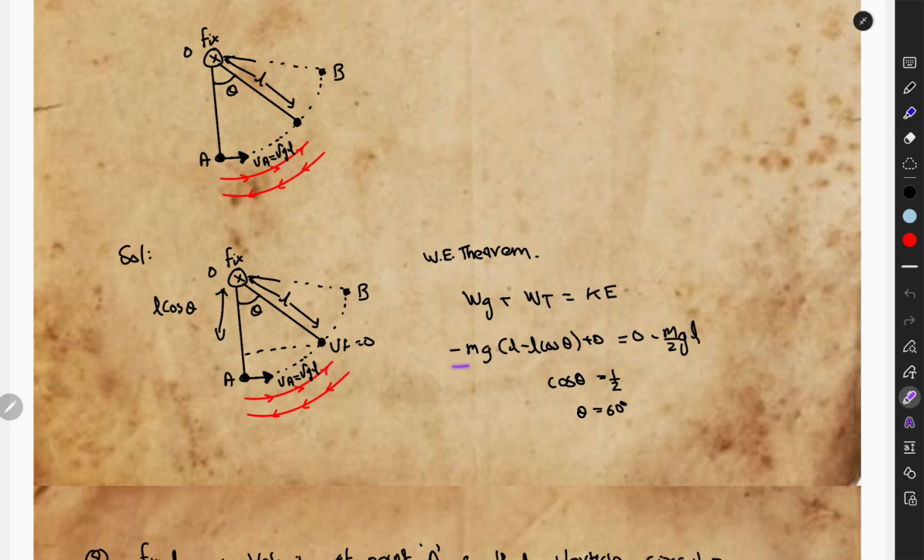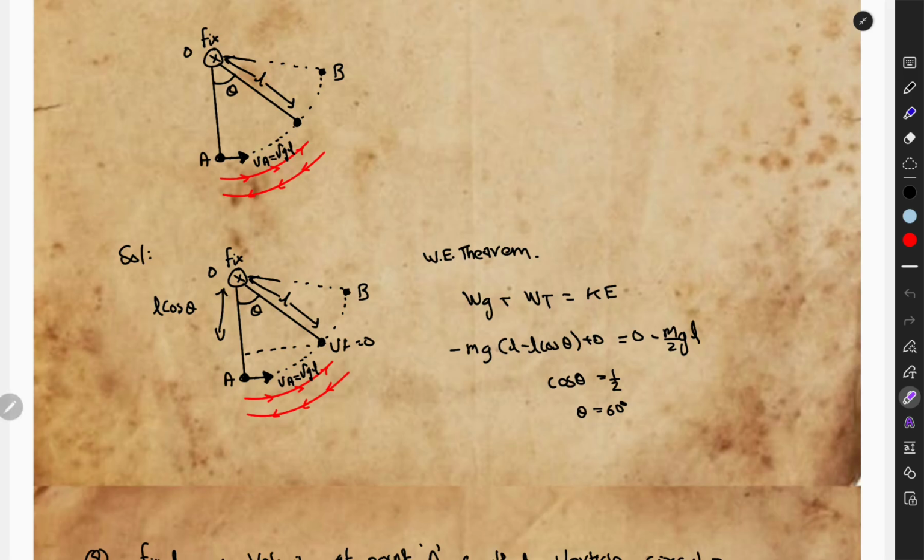So with that, you can apply the formula of work done by gravity, which is minus mg (l minus l cos theta) plus 0 is equal to 0 minus 1 by 2 m (root gl) square. Okay, gl is already given here, so this is root under gl. When you square that, the square gets cancelled and it will come like 1 by 2 mgl.